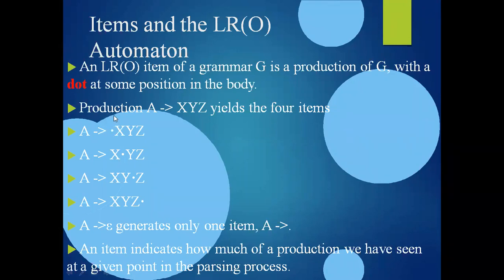When I am computing the goto function, this dot moves forward by reading one variable at a time. And if we have a production like A tends to epsilon, it generates only one item, A tends to dot. A tends to dot or A tends to epsilon, the meaning of both is the same, a nullable production rule.